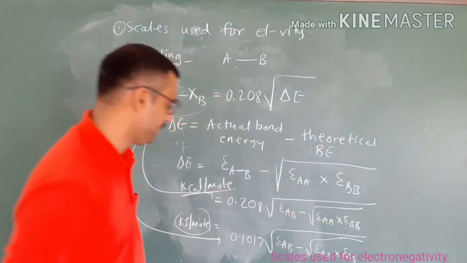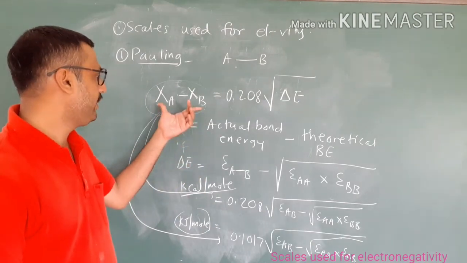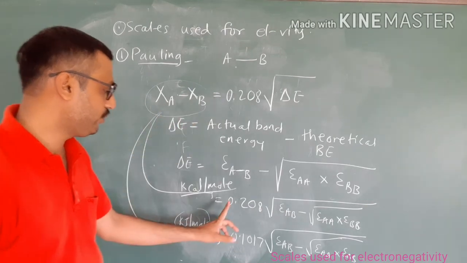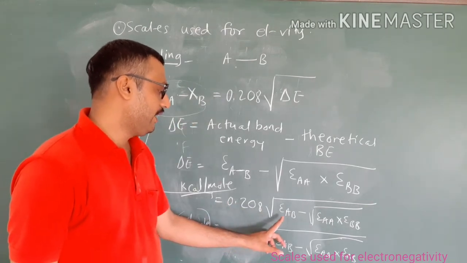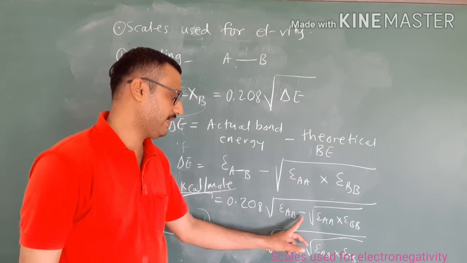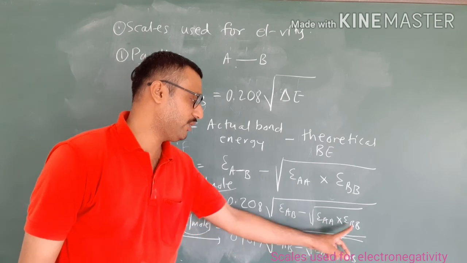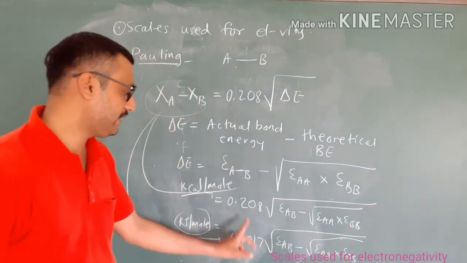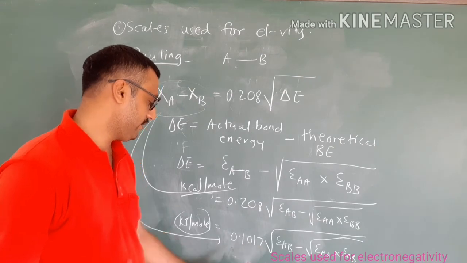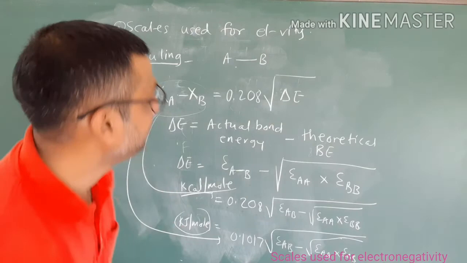So this formula is used. Either way, we can directly use the formula: the difference in electronegativities of A and B equals 0.208 into the square root of the bond energy for AB minus the square root of the bond energy for AA into the bond energy for BB, and instead of 0.208, if we put 0.1017, we will get the values in kilojoule per mole. So this is about the first, the Pauling scale.